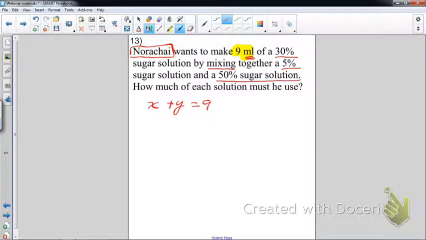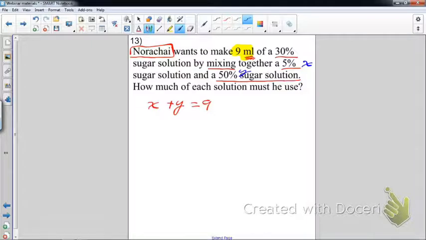So again, make sure that you read this carefully, underline, highlight, to make sure that you understand what they are asking for. Then the second equation is the trickiest out of all of them. I'm going to call the first solution x, and the second one y.